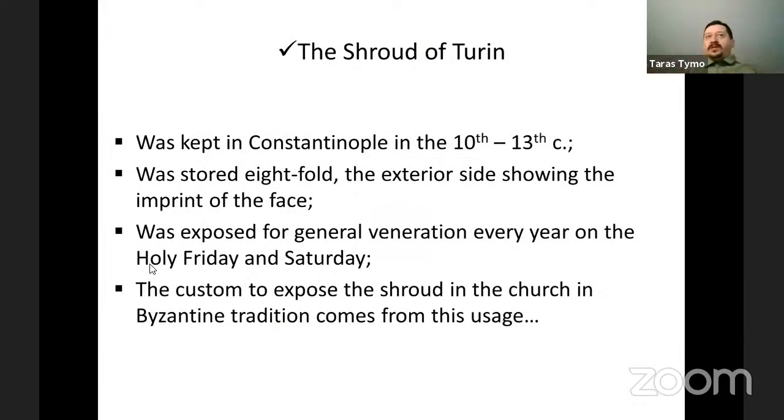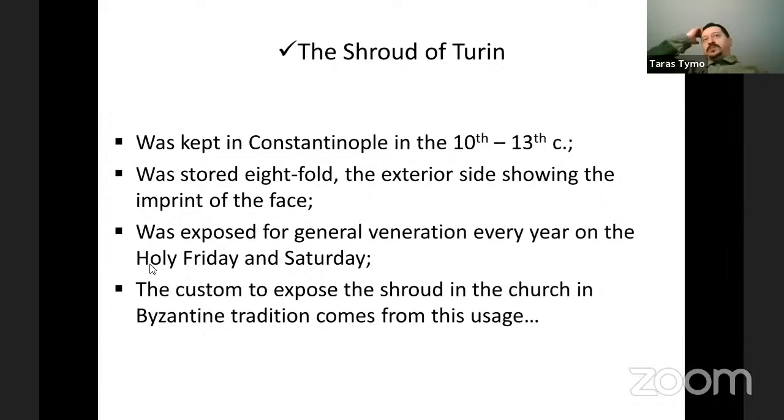It was stored eightfold, and the exterior side was showing the imprint of the face. We also know from some records that it was exposed for general veneration every year on Holy Friday and Saturday, in the Holy Week before Resurrection Day.